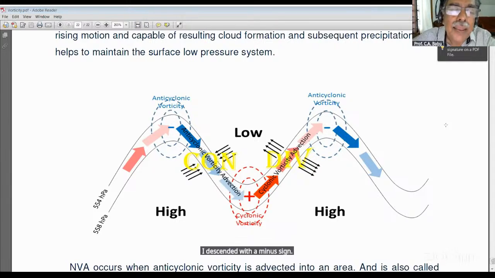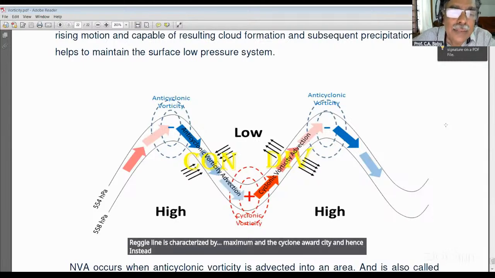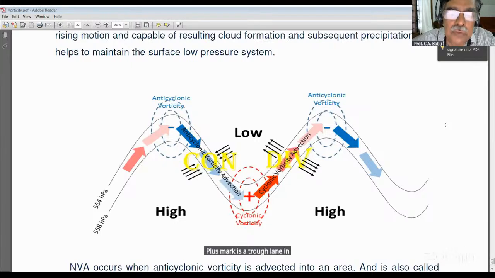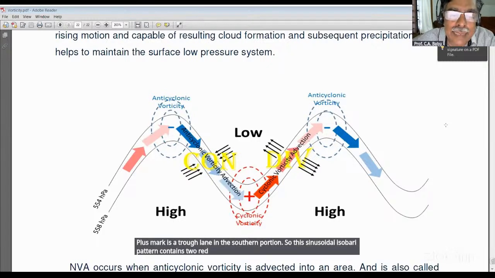As you know, a ridge line is characterized by maximum anticyclonic vorticity, and hence the blue colored dash portion is indicated by anticyclonic vorticity even though it is a ridge line. Similarly, the cyclonic vorticity maximum indicated by a red plus mark is a trough line in the southern portion. So this sinusoidal isobaric pattern contains two ridge lines in the northern region and one trough line in the southern region.